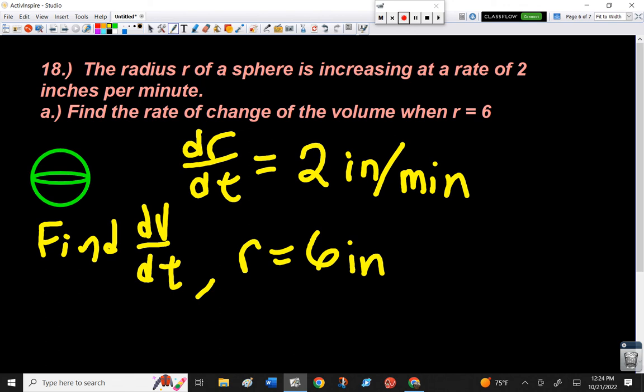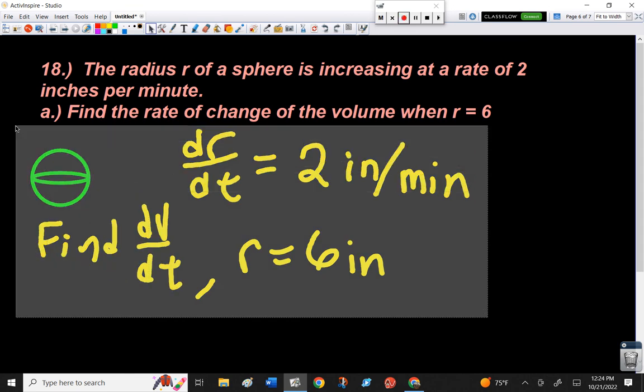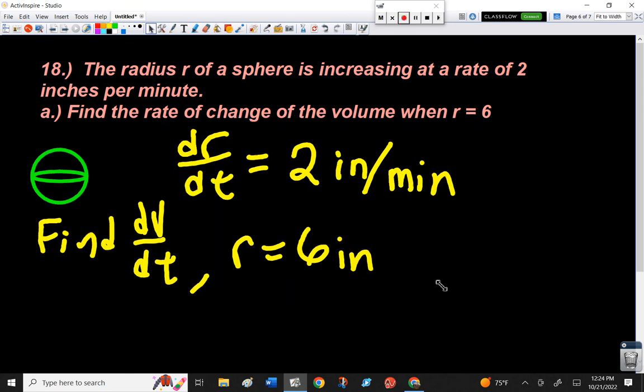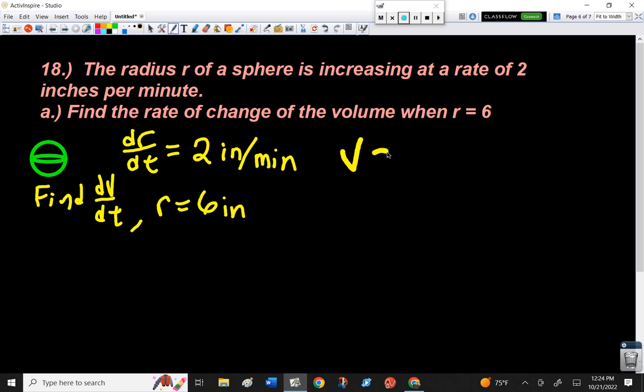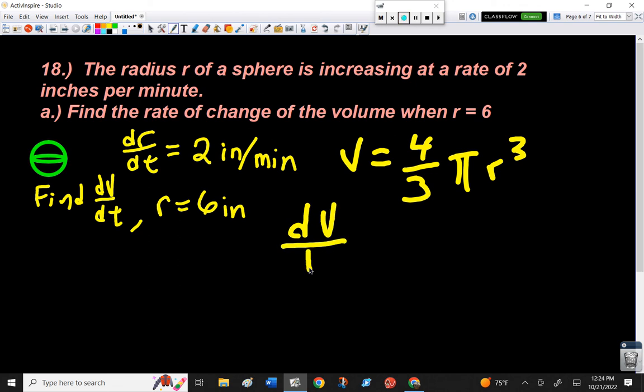What do we need now? Well, we need the volume formula for a sphere. Man, bet you wish your calculus teacher told you what the volume of a sphere was. Oh, he did. Yes, he did. He said that the volume of a sphere is 4/3 pi r cubed. Now, ladies and gentlemen, we're going to use our implicit differentiation tools, or just go back to your notes.